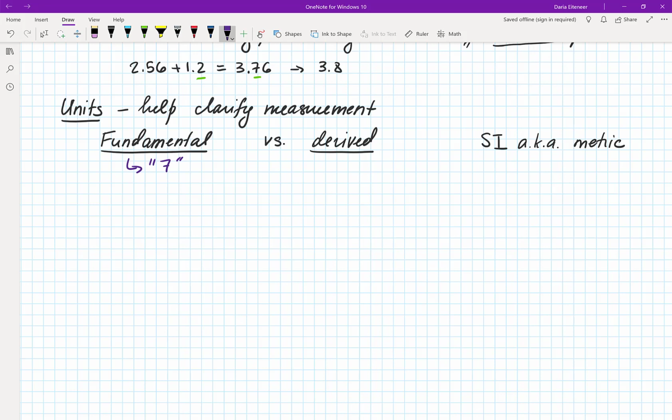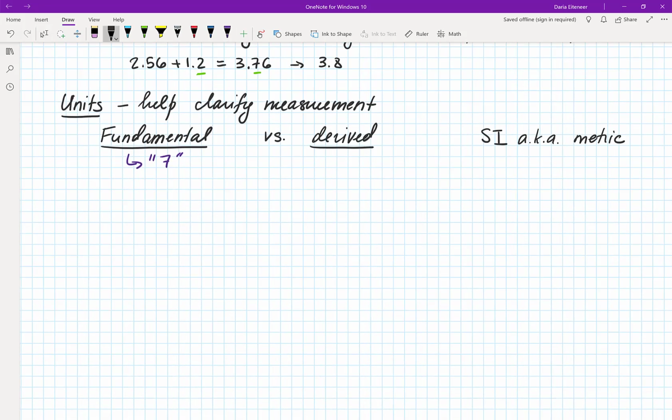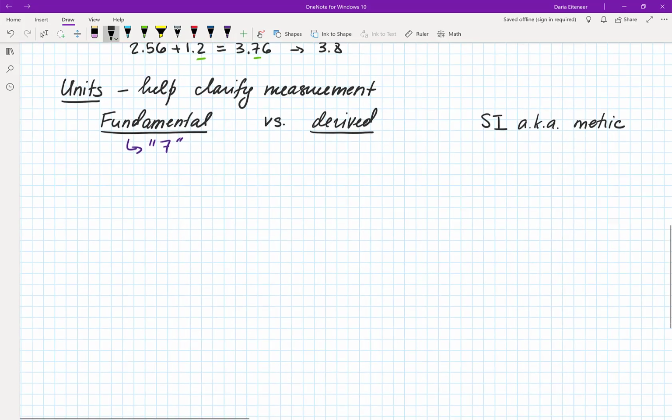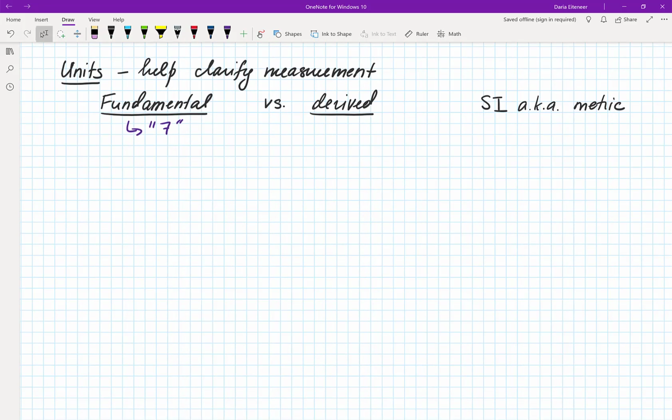So I will show you all 8, but I'm not going to ask you to count them in the test. And in this class, we're not even going to encounter all of the, quote-unquote, 7 fundamental units. We're just going to know which ones are fundamental and which ones are not.